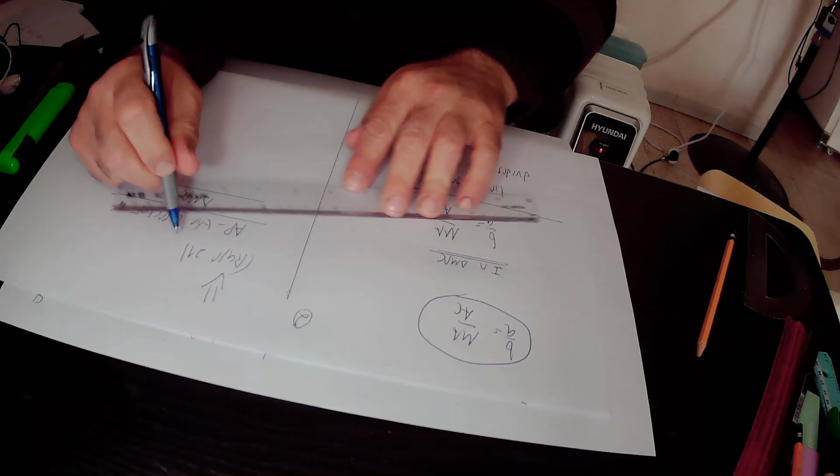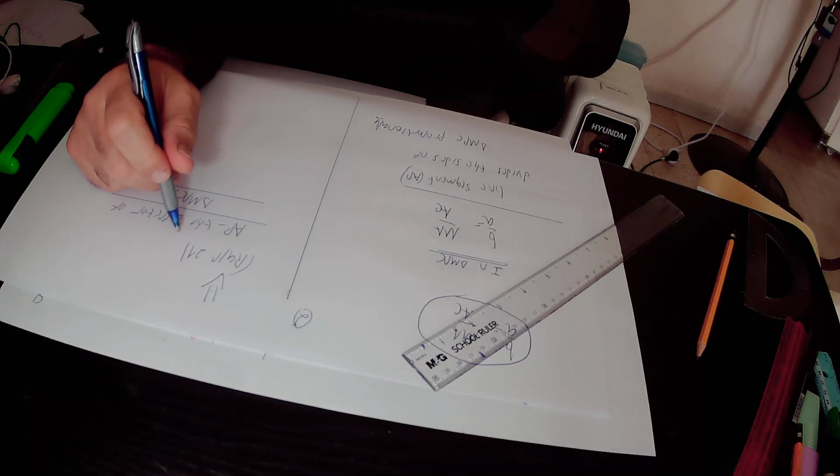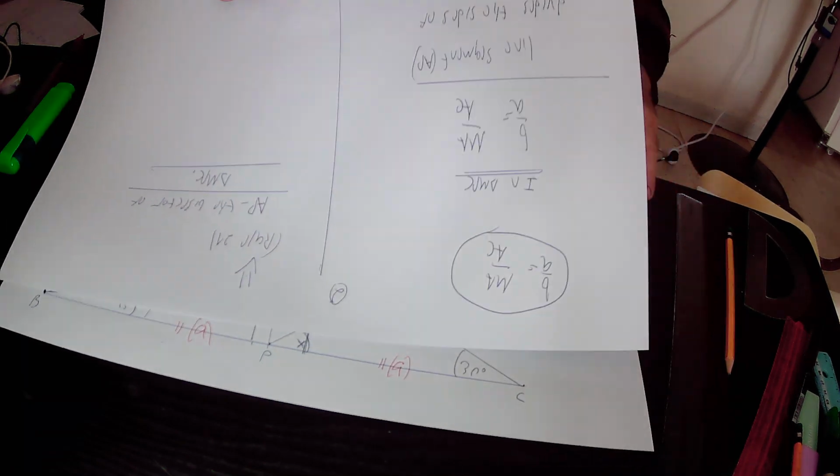Let's repeat that rule 21 is the converse rule of rule 19. So let's repeat quickly on rule 21.